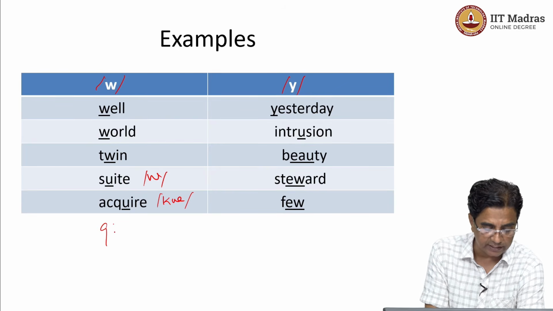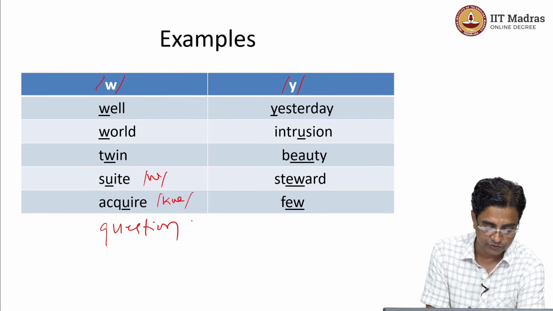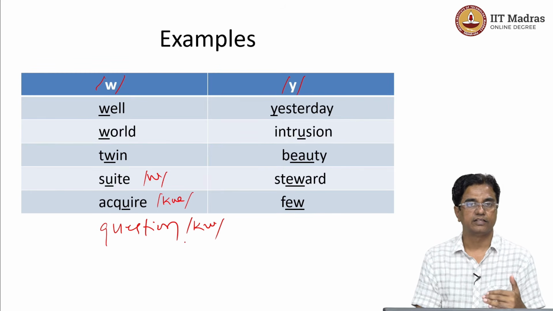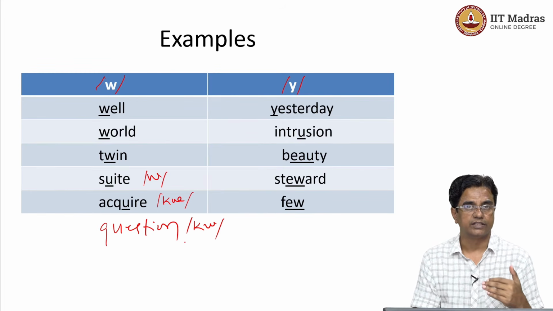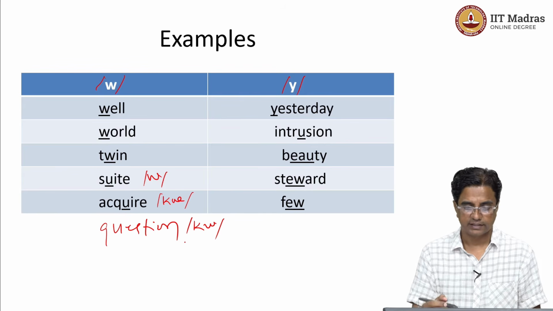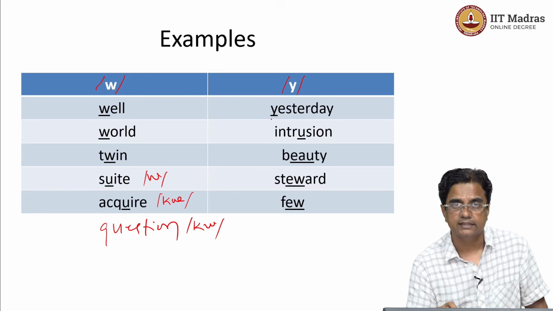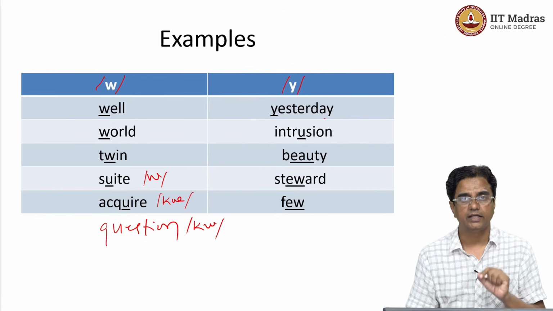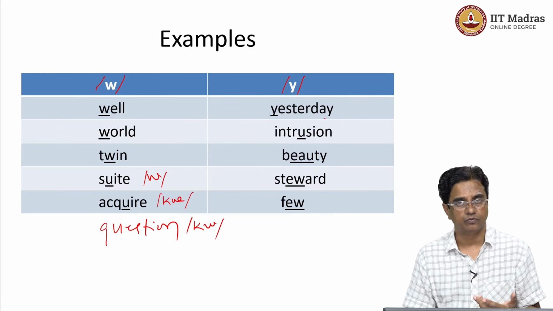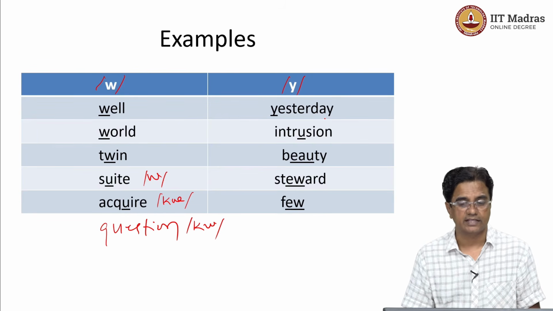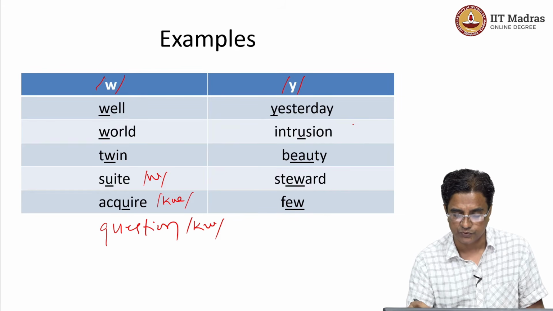There are more words like question. Here also you have ka and wa. So there are many words where you do have a wa sound, that is a semi-vowel. In the same way, when the ya sound appears in a word, it may appear with Y as a symbol, but it may not appear, as in the word intrusion.